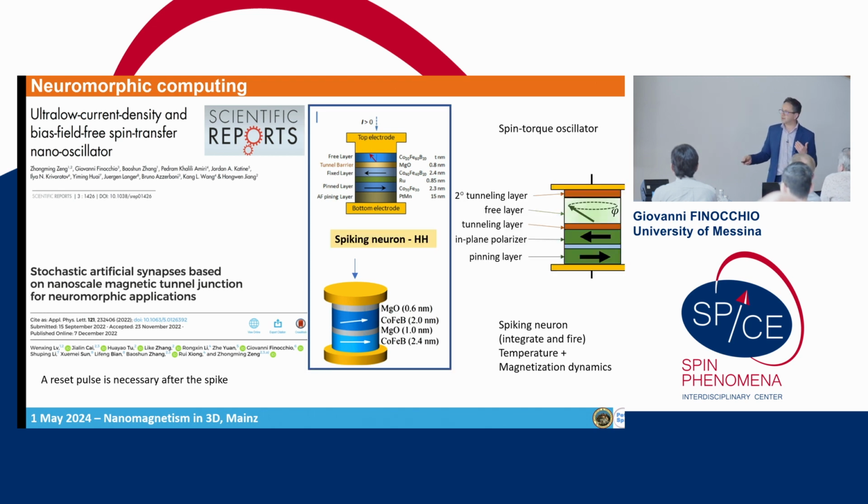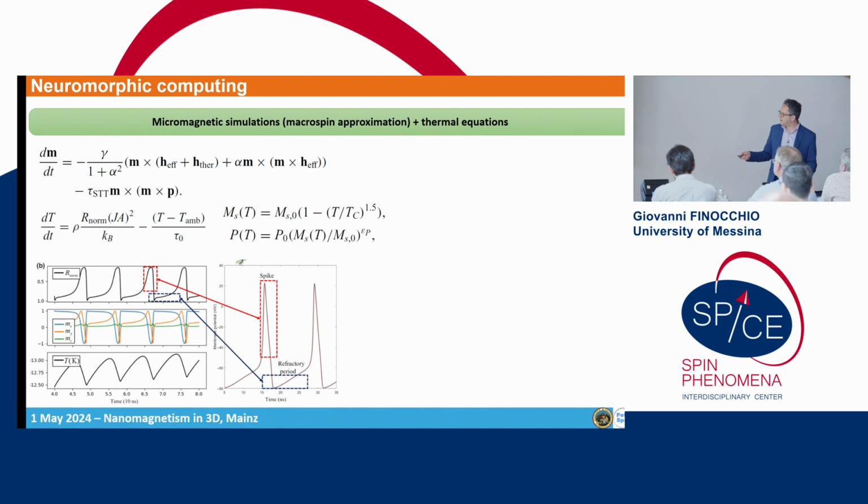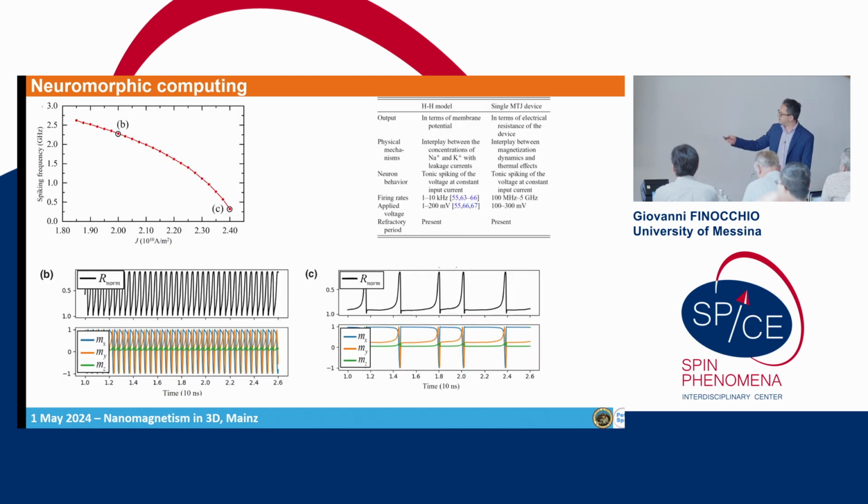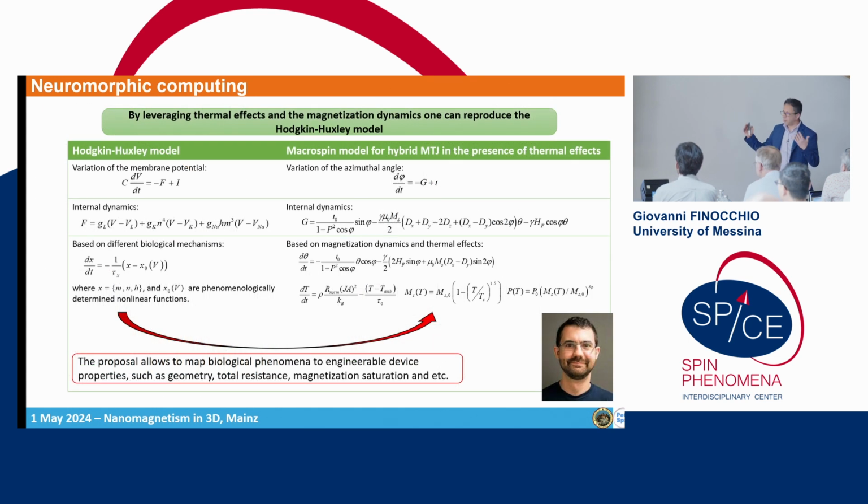Combining these two, we came out with a device which gives a spike behavior compatible with the HH model. See here, for example, some calculations. This paper has been published, and we were able to map almost one-to-one the HH model with the macrospin approximation of the LLG.